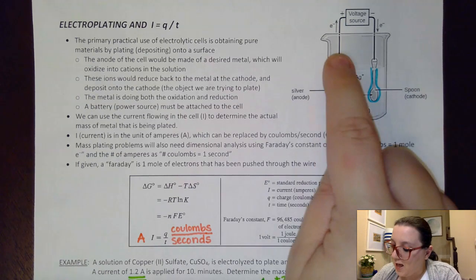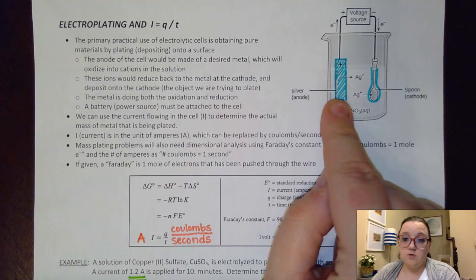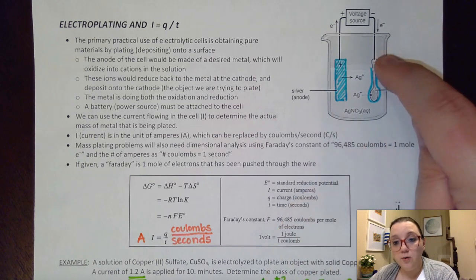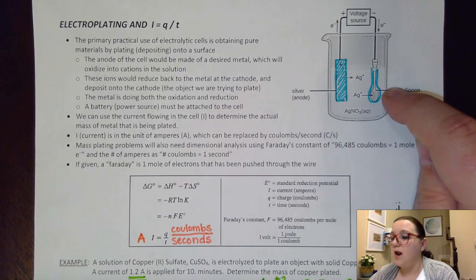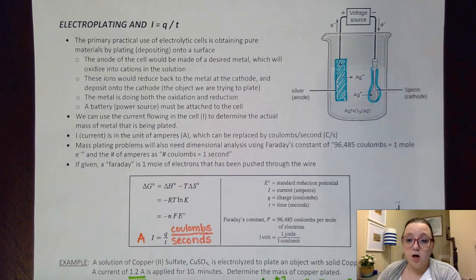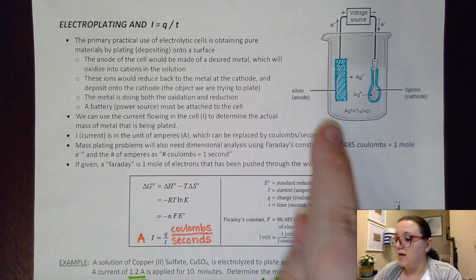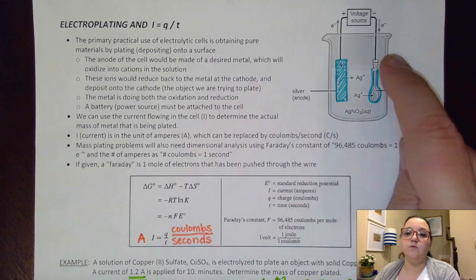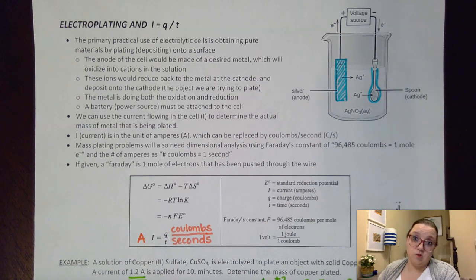And so I would have this as my anode. This desired metal was going to be my anode. And what I'm going to do is put another object over here that I want to plate that metal onto. So for example, we had silver in this picture, and we want to plate silver onto the outside of a spoon.